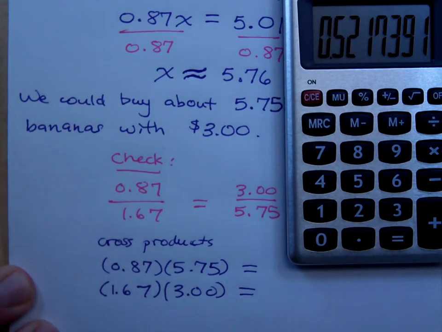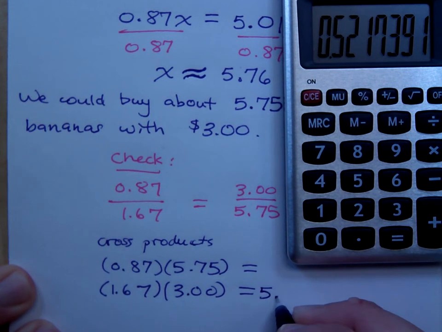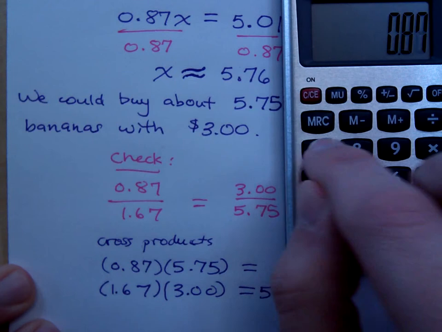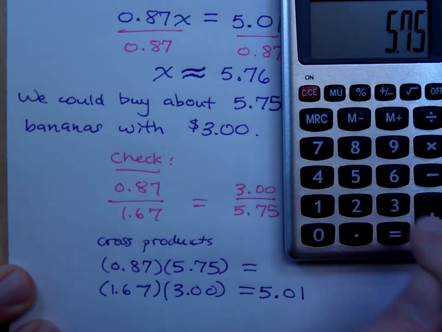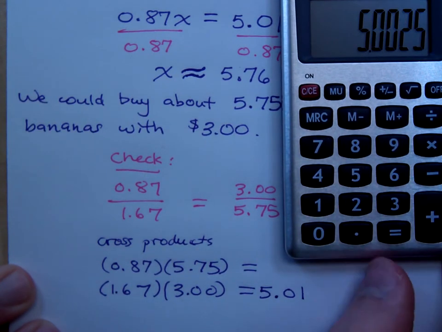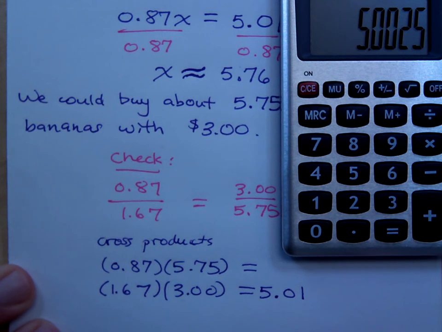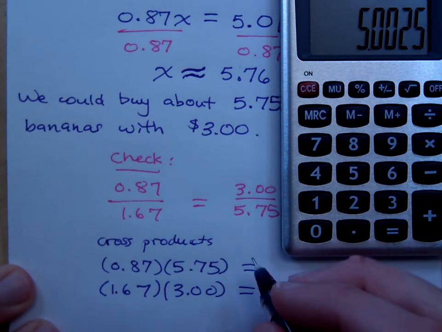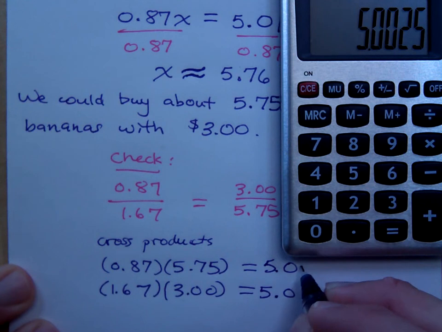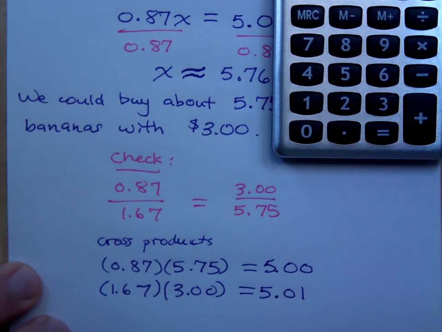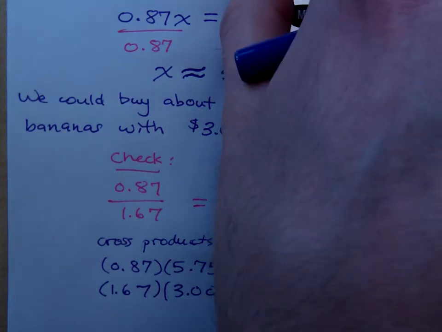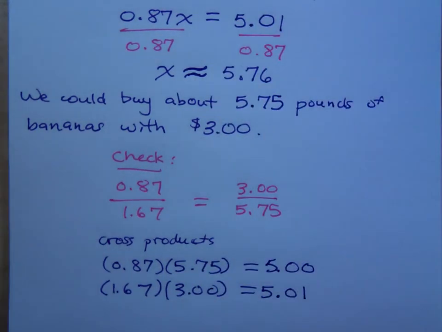Well, we already know this guy is 5.01 from what we did above, and 0.87 times 5.75 gives me about 5.00. So is that close enough to let me know that what I have is okay? It's close. It's really close. Okay. It's a lot of bananas. I'm hungry.